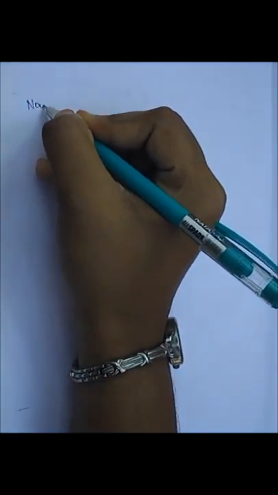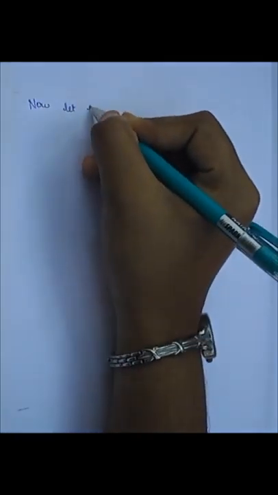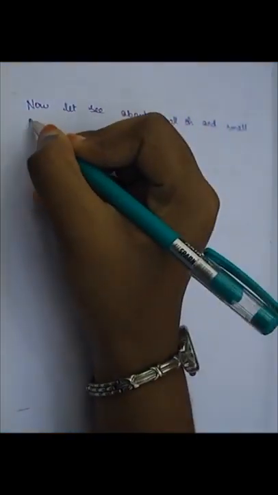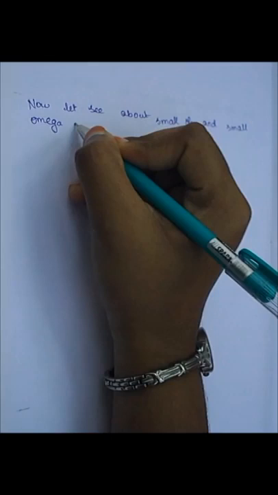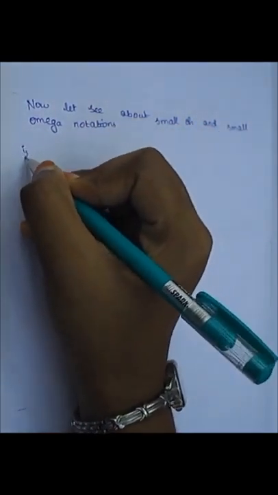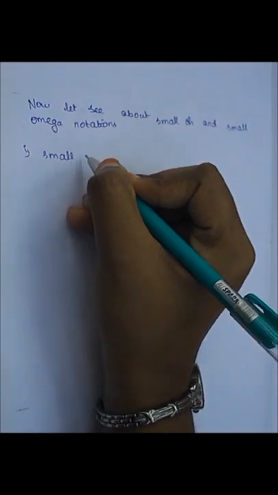Now let's see about small o and small omega notations. First is small o notation.